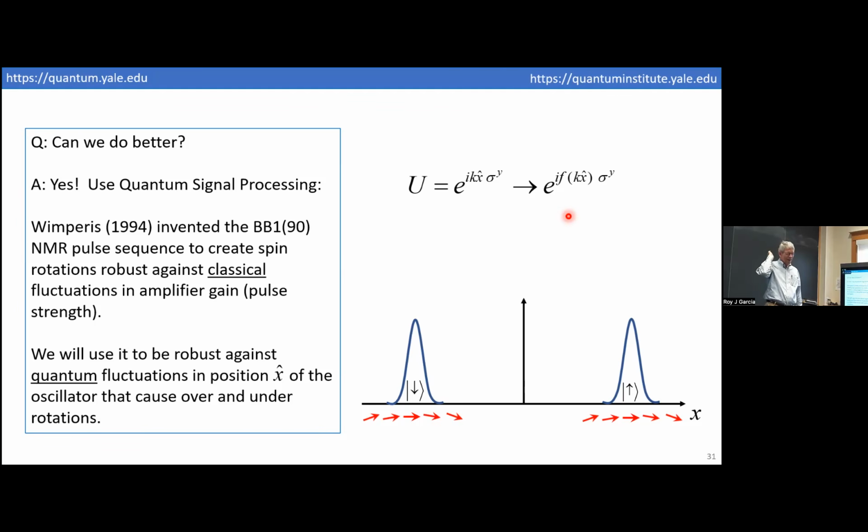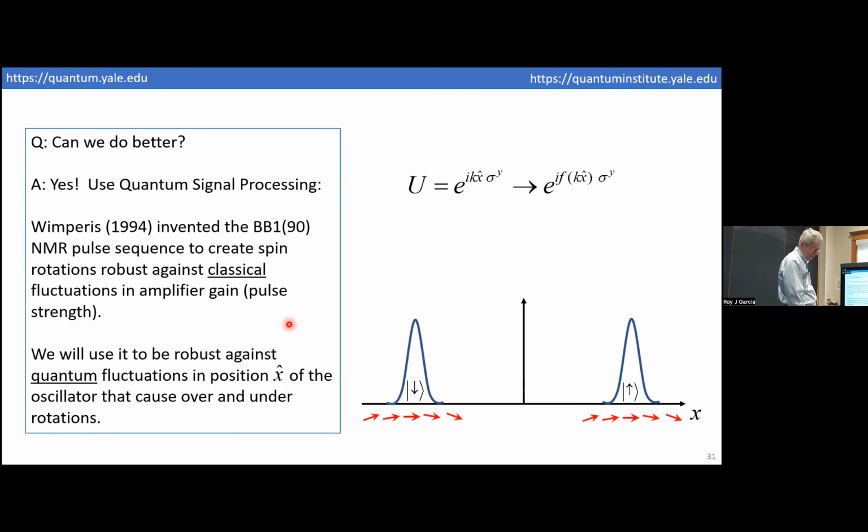And it does it by 4 rotations, like this, and then 3 more, which cancel out to the identity if you gave it a pi over 2. And if you gave it slightly bigger than pi over 2, the next 3 cancel out that error to a very good approximation. Well, this was designed for classical fluctuations. How can I possibly use it to fix quantum fluctuations?